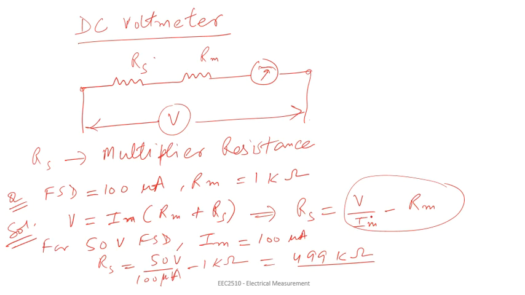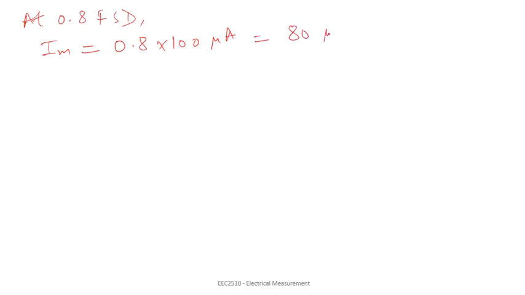In the second part, you were asked to calculate the applied voltage when the instrument indicates 0.8 of full scale deflection. What does it mean? At 0.8 full scale deflection, Im will be 0.8 multiplied by the full scale value given in the problem, 100 microampere. So it should indicate 80 microampere at 0.8 full scale deflection. Obviously this will change.